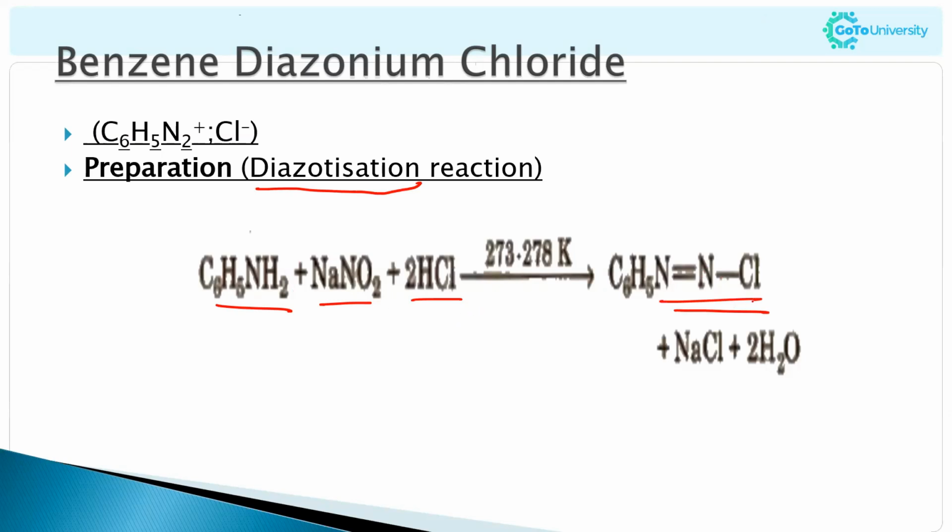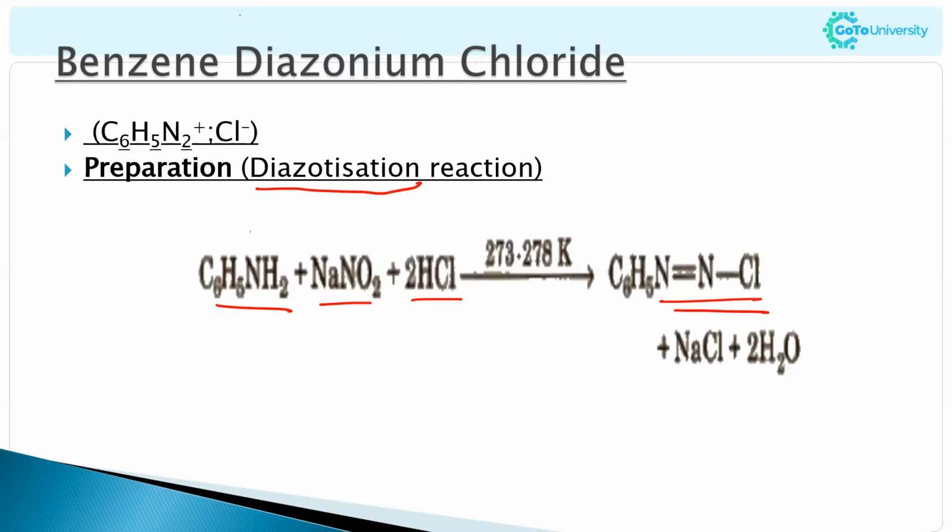So what is the use of benzene diazonium chloride? Benzene diazonium chloride can be used as the starting reagent for many reactions. Using the benzene diazonium chloride, we can prepare some other compounds as well. So the thing is, benzene diazonium chloride is important. They can be used as a starting reagent for many other reactions.